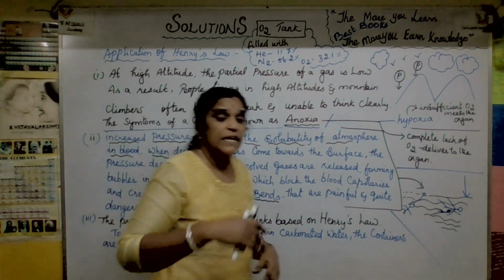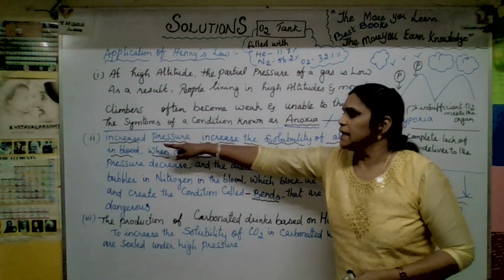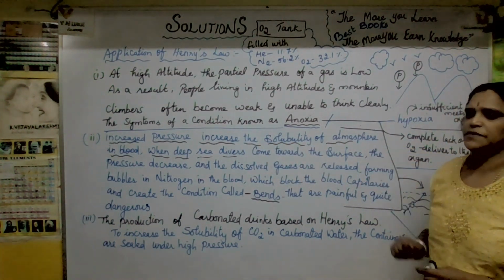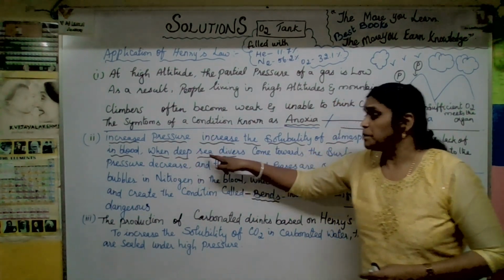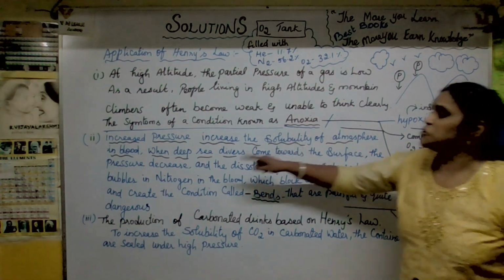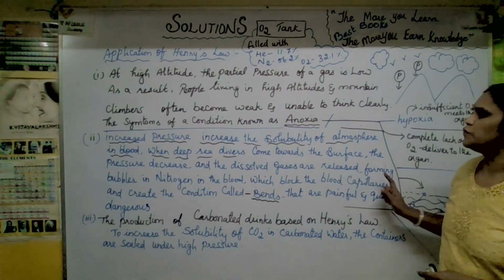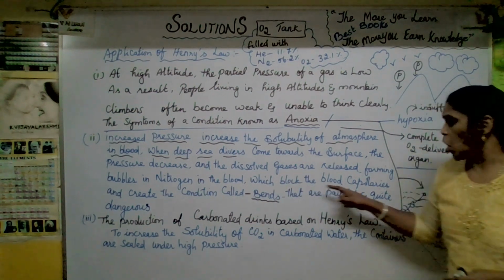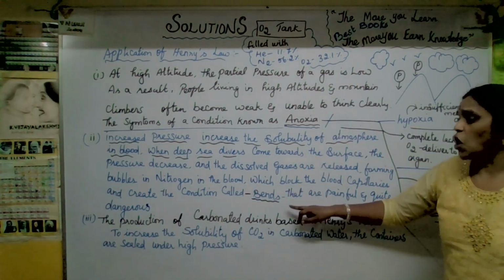Okay, now next one, deep into the sea. There, pressure increases with depth. Here, increased pressure increases the solubility of atmospheric gases in blood. Now when deep sea divers come towards the surface, the pressure decreases and the dissolved gases are released, forming bubbles of nitrogen in the blood, which block the blood capillaries and create the condition called bends.